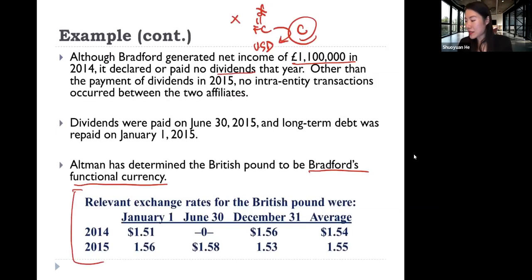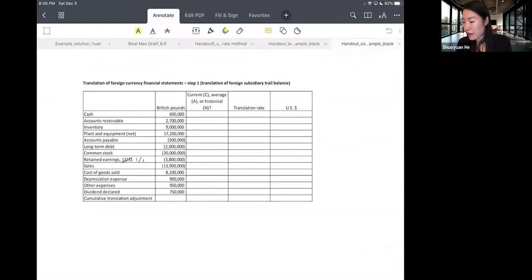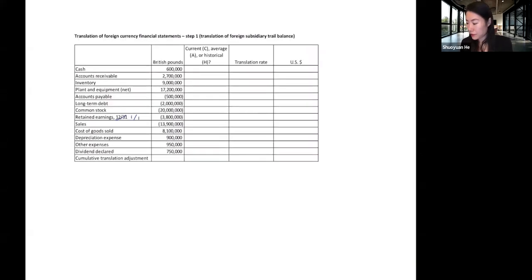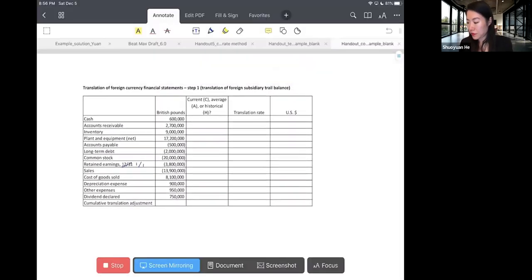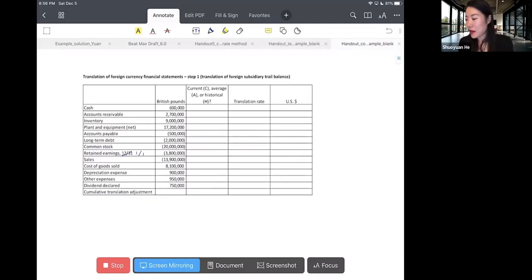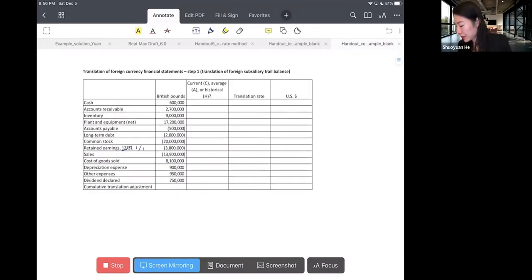And now let's look at the worksheet. So if you go on Island, you should see a blank worksheet. Sorry, you should see a blank worksheet there.